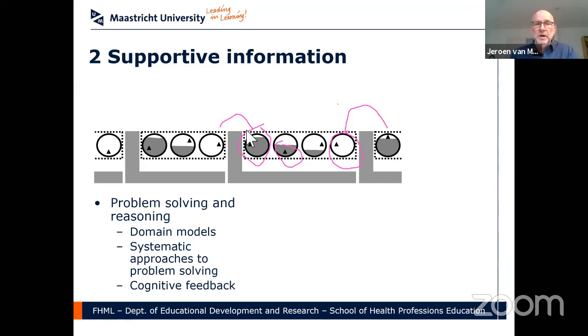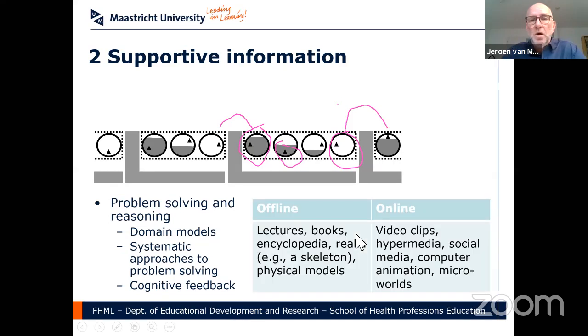When we look at the offline or online presentation of supportive information, it should be obvious that the supportive information in traditional face-to-face education is typically given by lectures, by reading books, by studying encyclopedia, using real things like a skeleton, physical models.